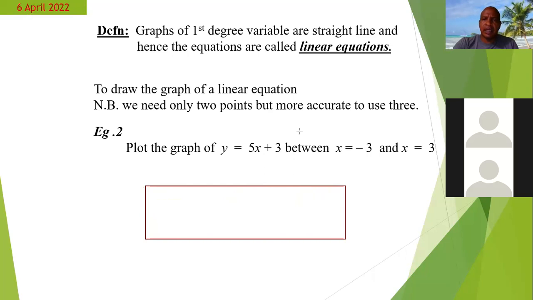All right, based on this equation, how many terms do we have? We have the y, the 5x, and the 3. The y row is going to be your very last row, and your first row is going to be your x row, with the values of x.